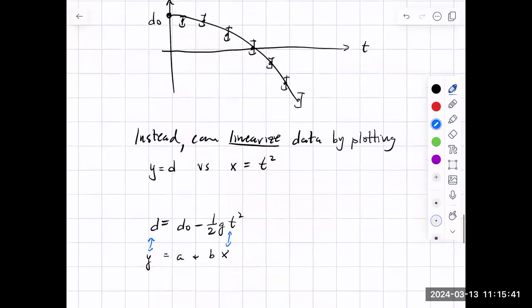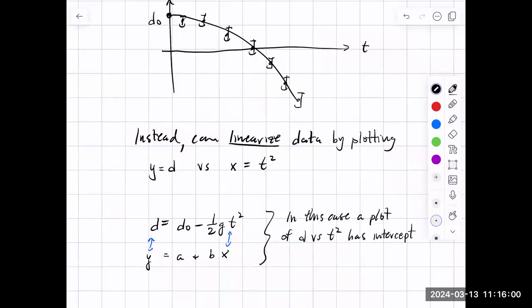So in this case, a plot of d versus t squared has intercept a equal to d0, the initial position, and slope b equal to minus g over 2.